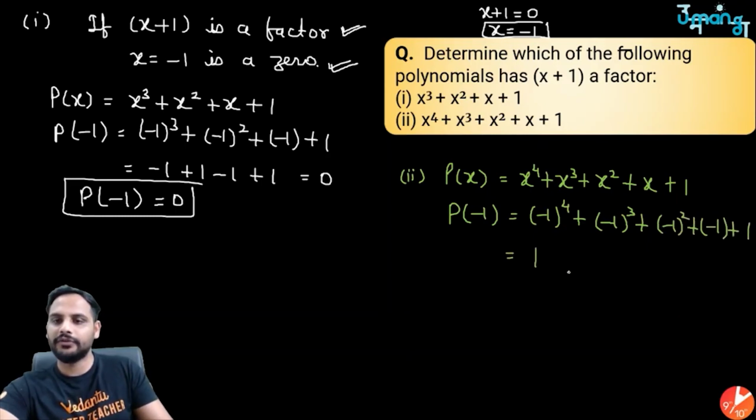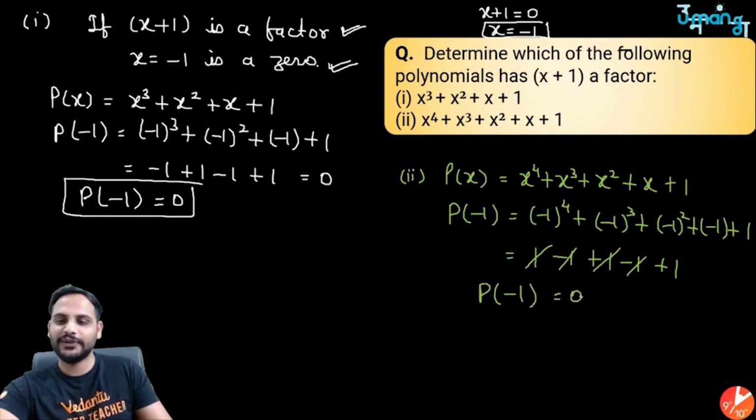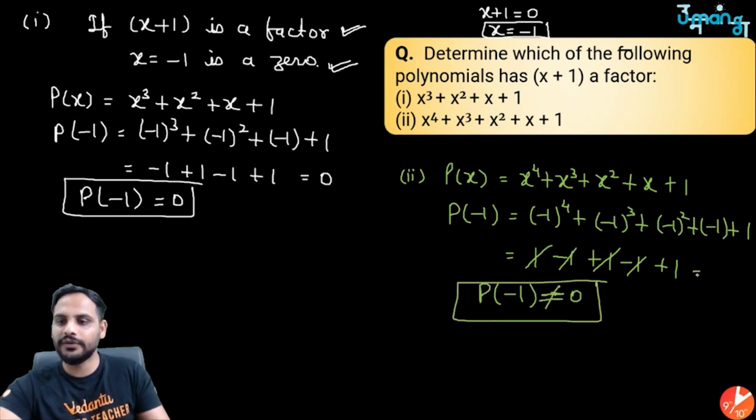Minus 1 raised to the power 4 is 1, minus 1 cube is minus 1, minus 1 square is plus 1, then minus 1 plus 1. Look, this pair got cancelled, this pair got cancelled, but still 1 is left. So at x equal to minus 1, the value is not 0, it is equal to 1.